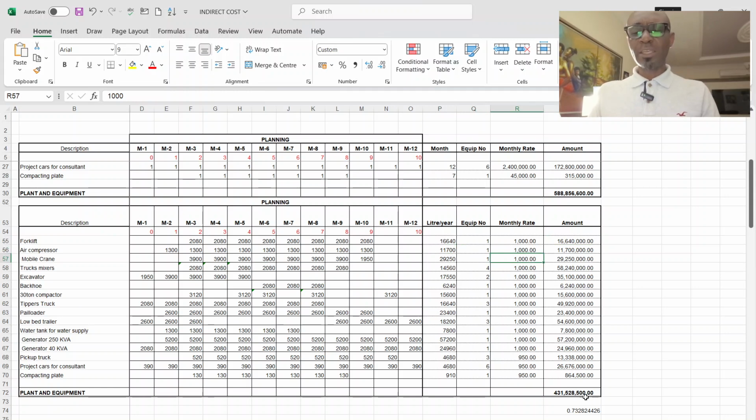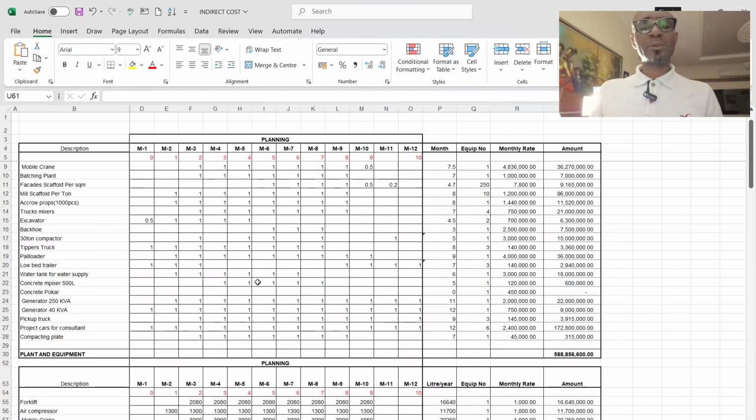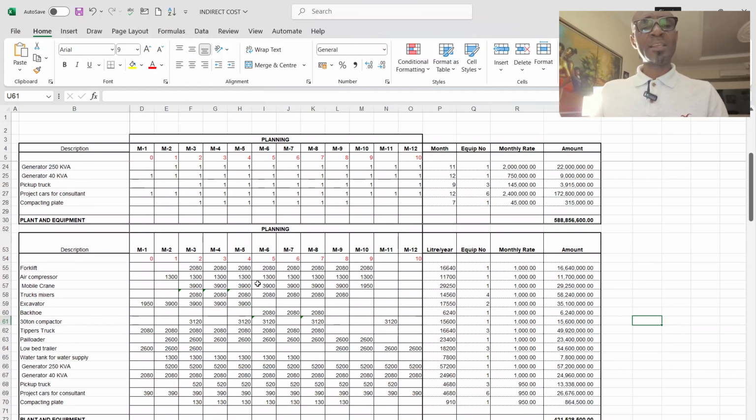So as you can see, I have 431 million as the cost of fueling alone.